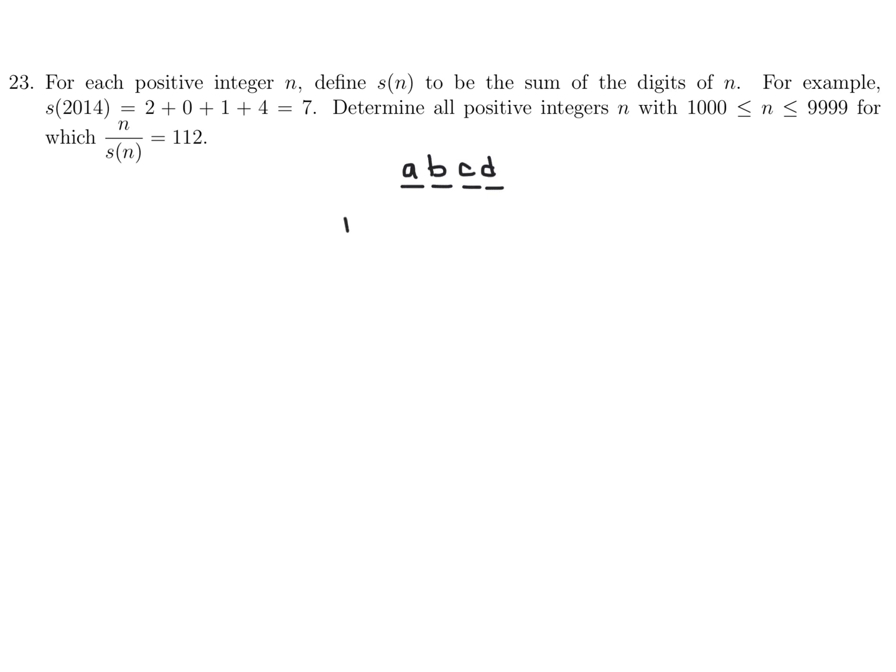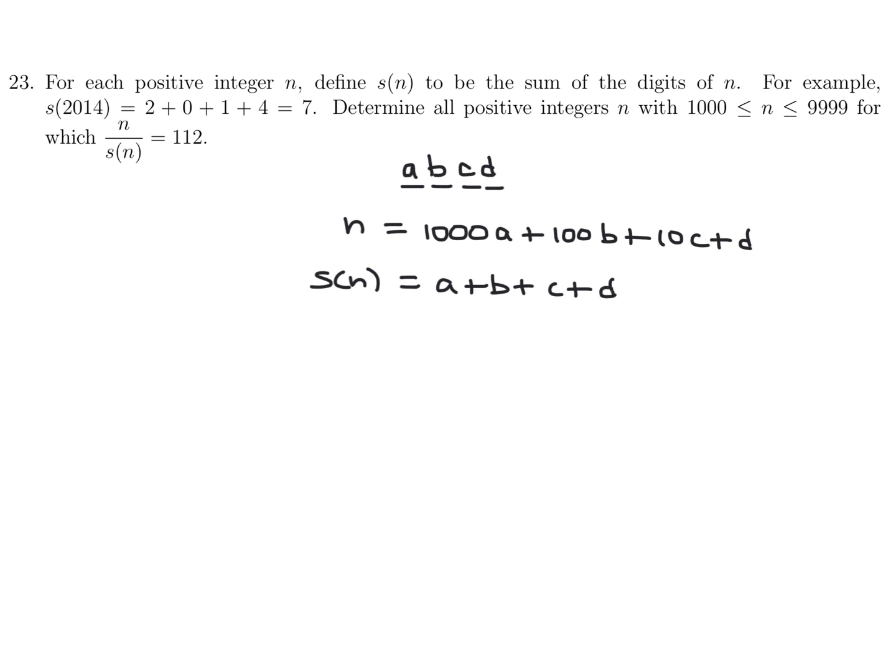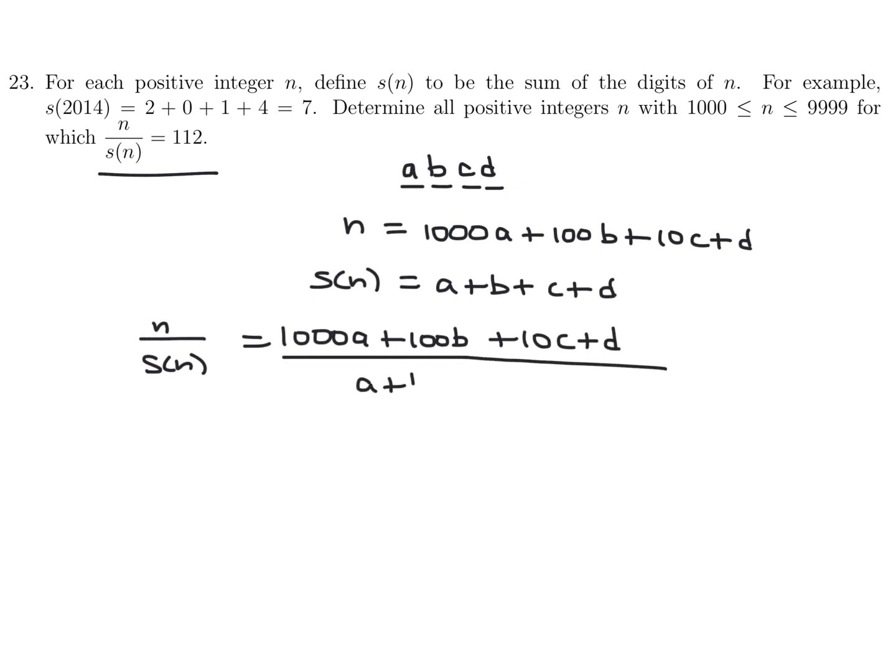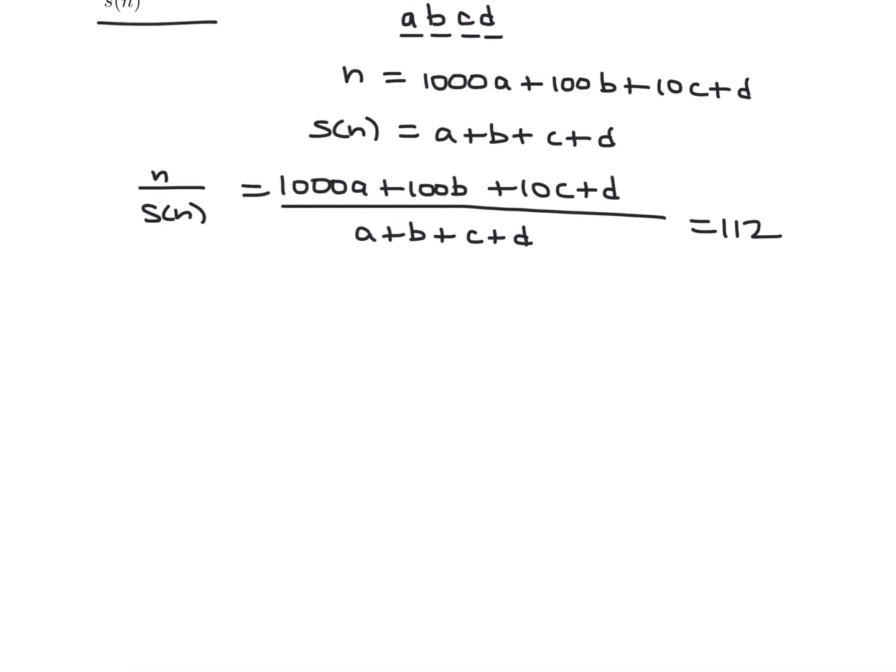And therefore, n is going to be 1000A plus 100B plus 10C plus D. And then s(n), which is the sum of the digits, would be just A plus B plus C plus D. So this formula here, n over s(n), would be 1000A plus 100B plus 10C plus D, all over A plus B plus C plus D. And we want that to be 112. Okay, so let's do this math.